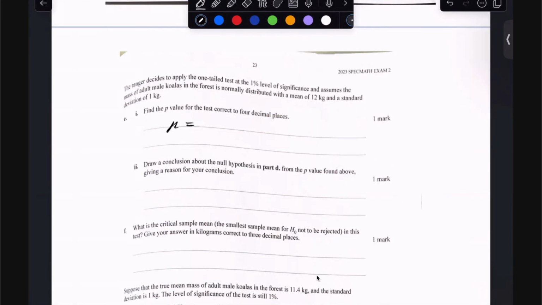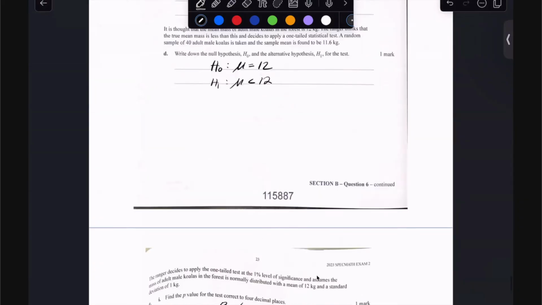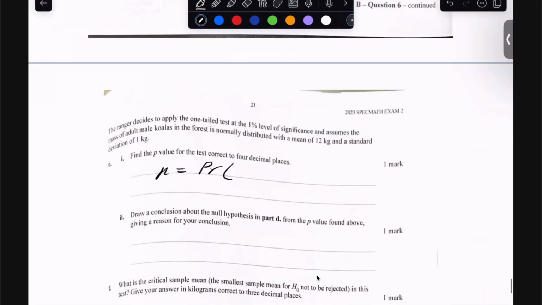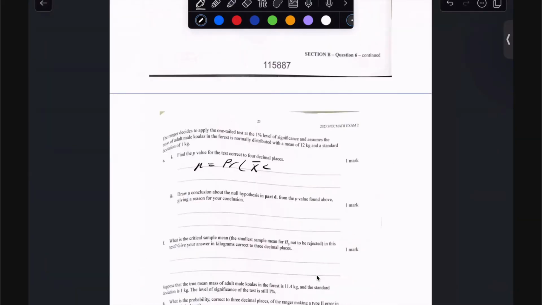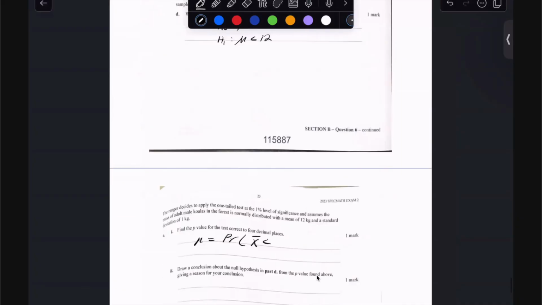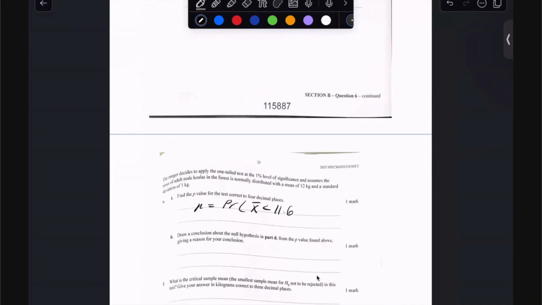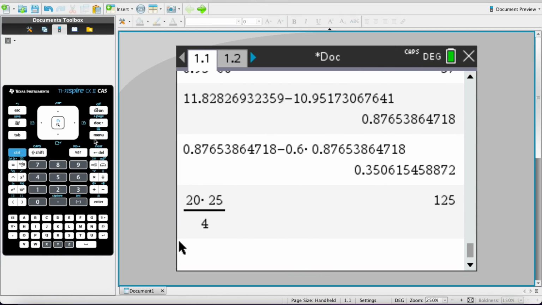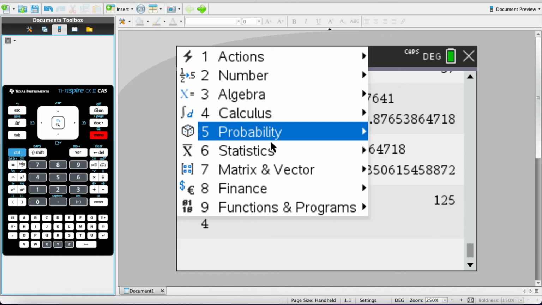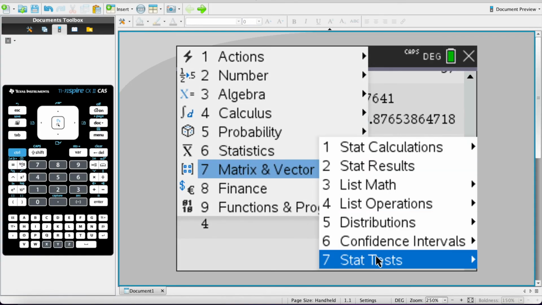So p is equal to the probability that x bar is less than what he found, 11.6, given that the mean is 12. I don't even know if the CAS has a p-value function. It probably does. Probability or statistics, stat tests.